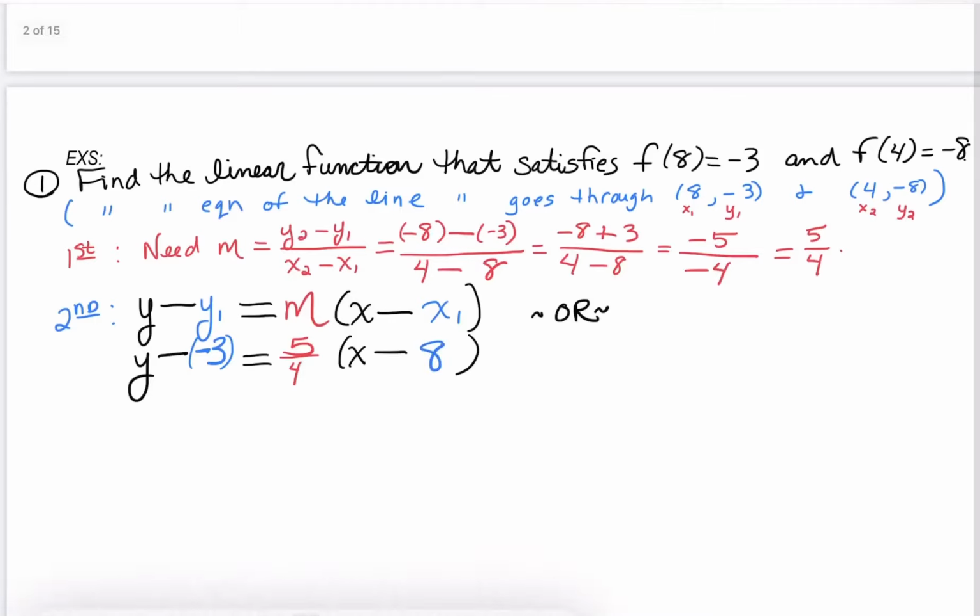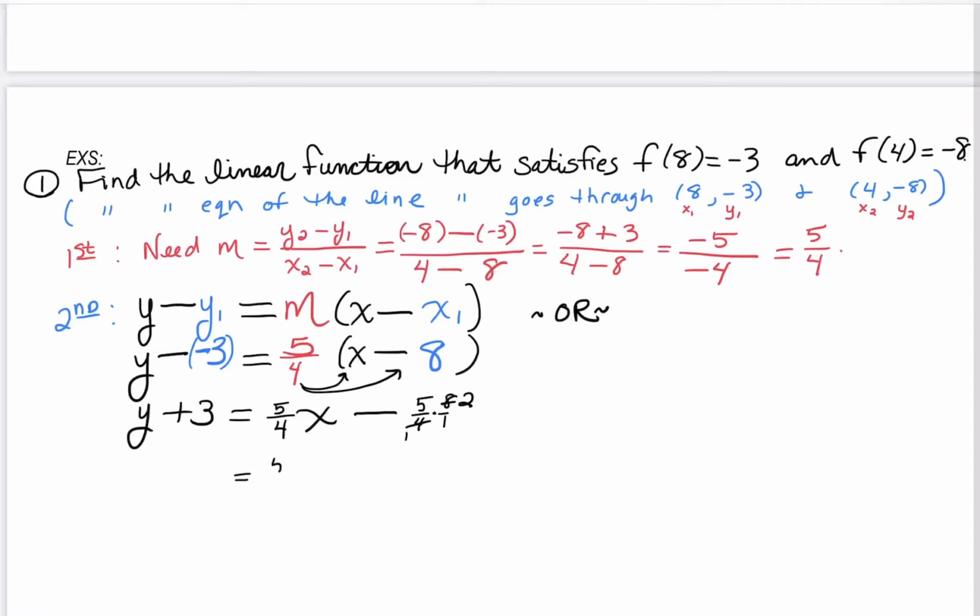So what we have is y plus 3 equals, and for the final answer, we have to solve it for y so we can use our function notation, so we're going into slope-intercept form. Our first term here is going to be 5/4 x minus, and then we just have a little arithmetic to do here. The 5/4 times the 8 over 1, the 8 over 4 reduces to 2, or 4 into 4 once, and into 8 twice.